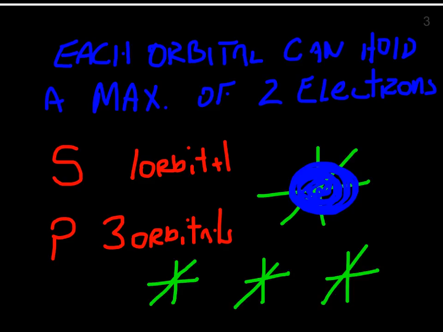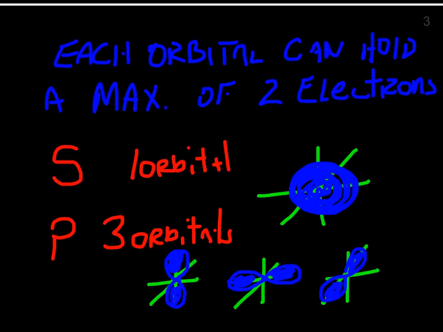One of them is a dumbbell-looking diagram that is oriented off the y-axis. Another orbital would be the same dumbbell off the x, and then one off the z. Just like in the S, these orbitals can hold either one or two electrons.